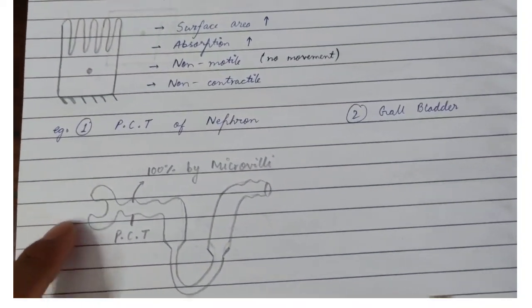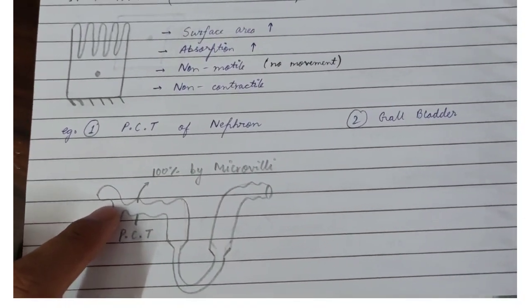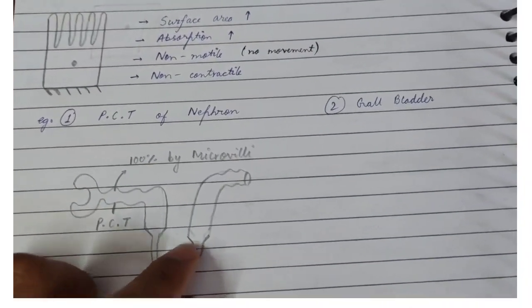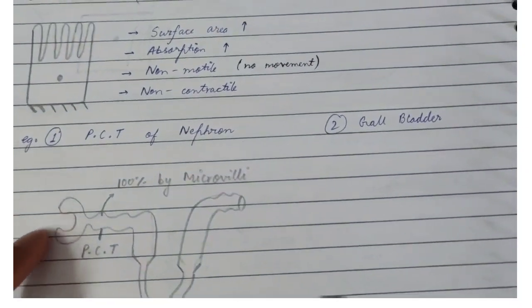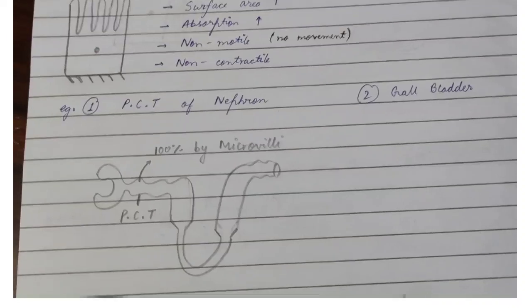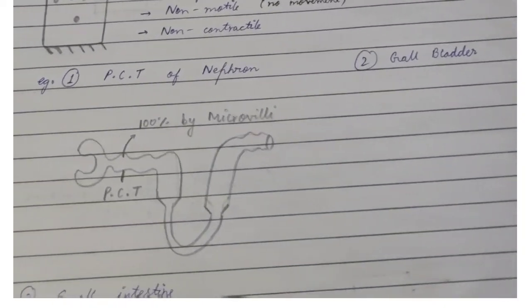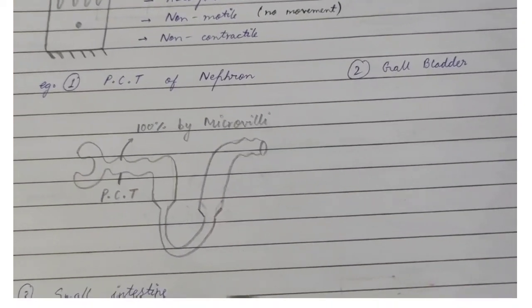See, in the nephron, blood filters here. So through Bowman's capsule, it passes through the PCT, then the loop of Henle, then the DCT, and then the collecting duct. Blood contains a lot of materials which are important for our body, for example glucose, amino acids, etc., which are essential for the proper functioning of the body.